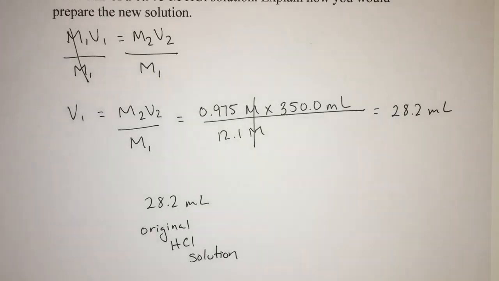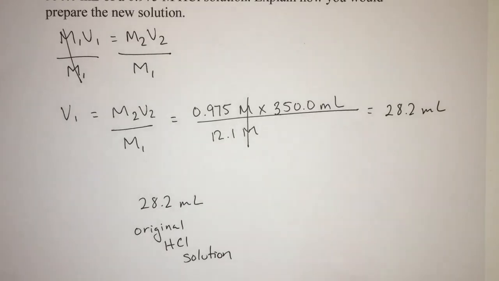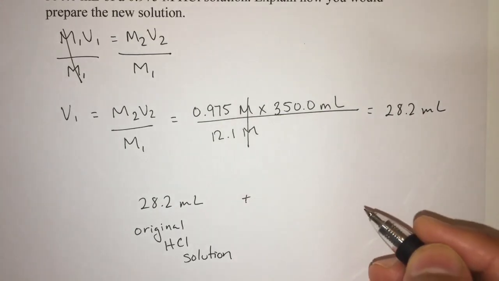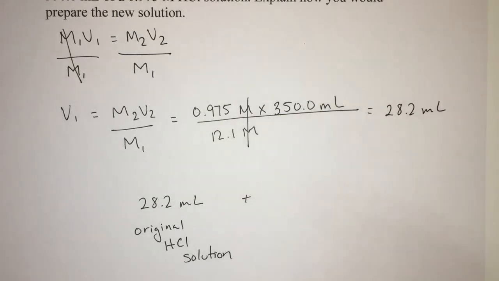And we're going to add this to some water to make a new solution. And then we're going to keep adding water until we get to a final volume of 350 milliliters.